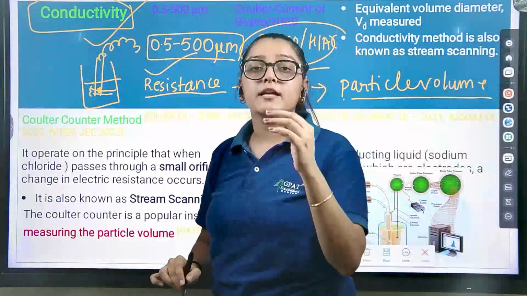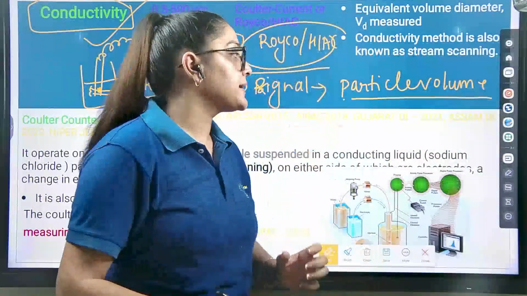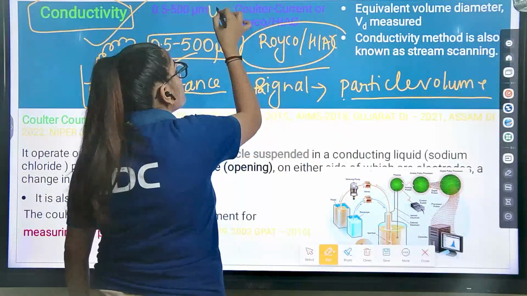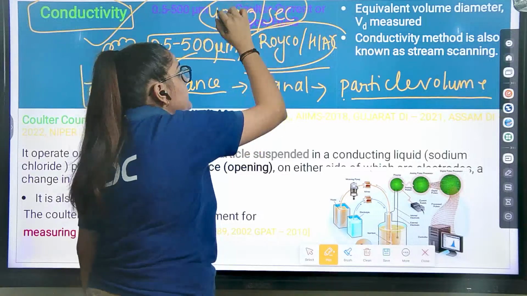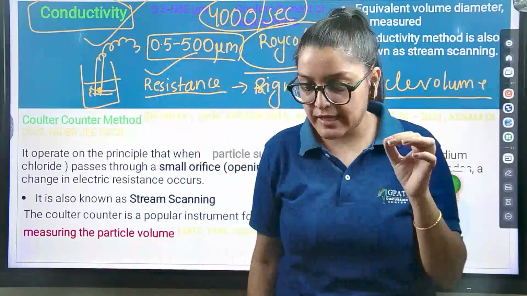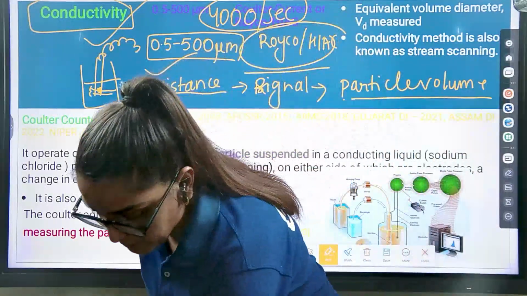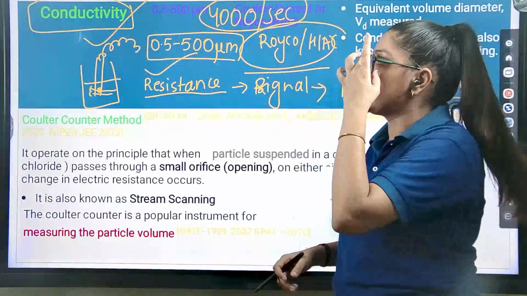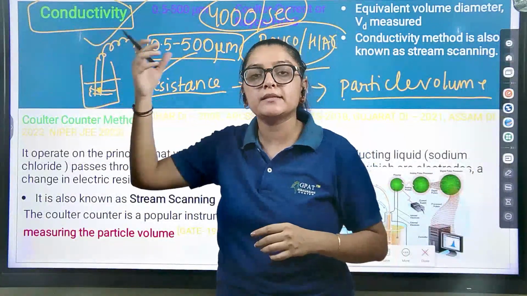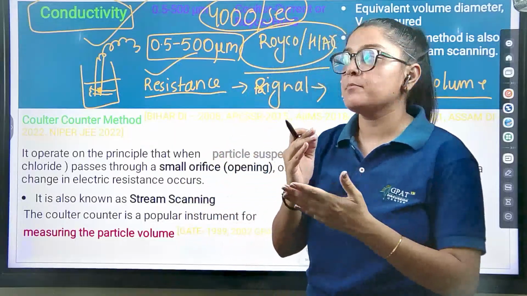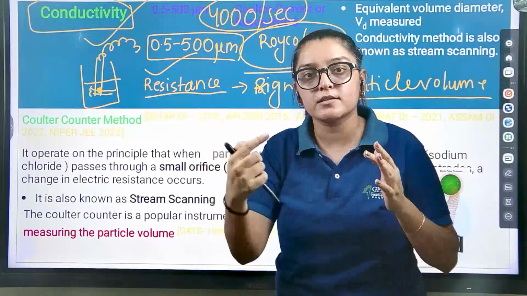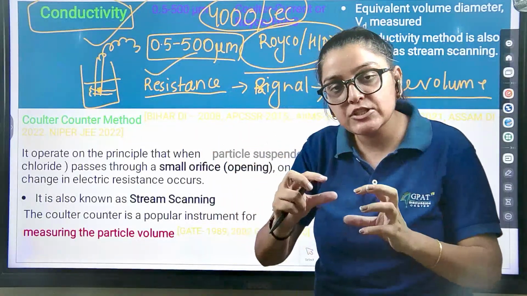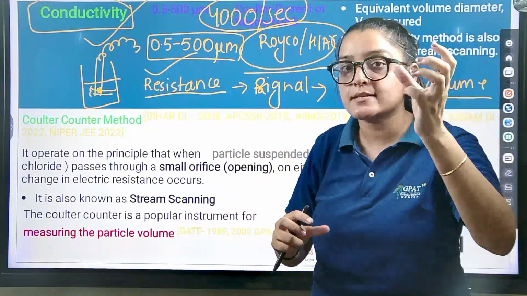This method is so fast, it can measure up to 4000 particles per second. Right? Every word you see here is very important. So we have the conductivity method. The conductivity method is based on the change of the electrical resistance once the particle passes through the orifice. That change in resistance will be recorded as a signal.